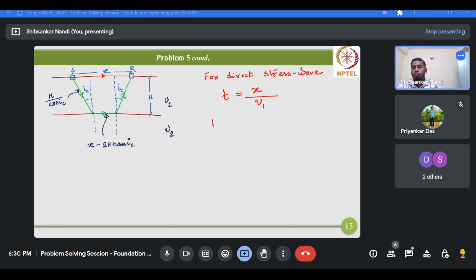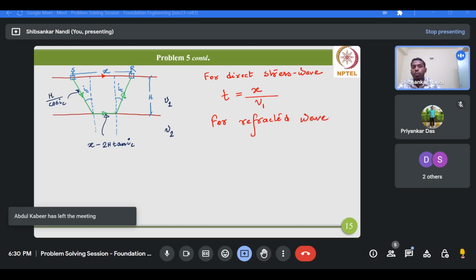Now for the critically refracted wave, what would be the time of travel? First of all, the refracted wave has to cover this distance, and this distance is nothing but h upon cos IC.